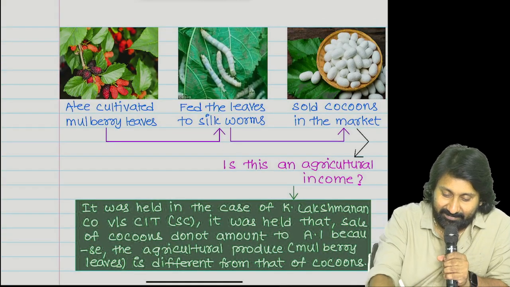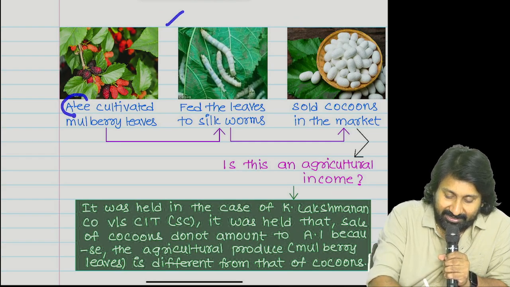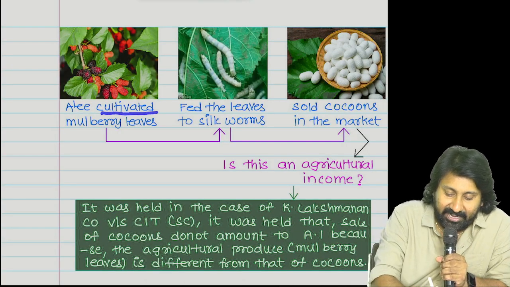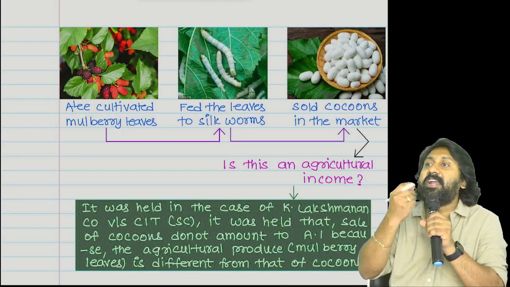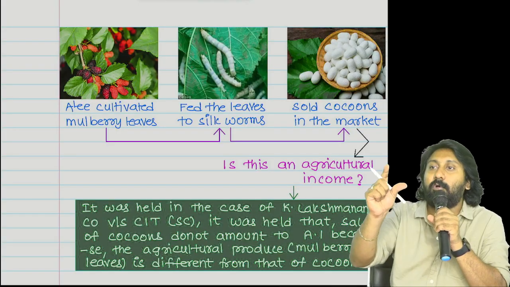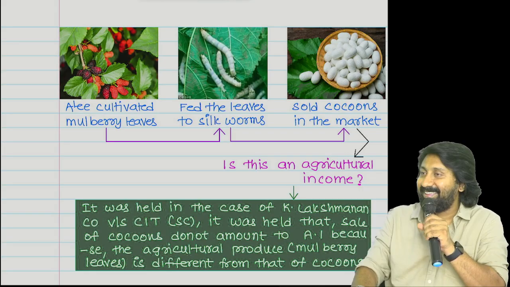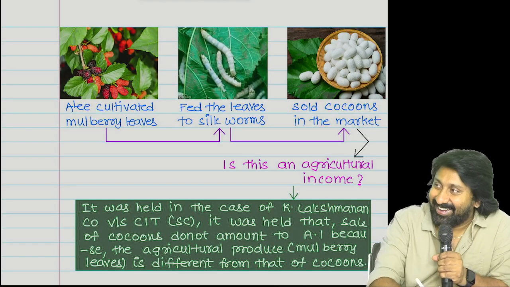There is an assessee. This assessee is cultivating mulberry leaves. Mulberry leaves are the feed for silkworms. Start again.